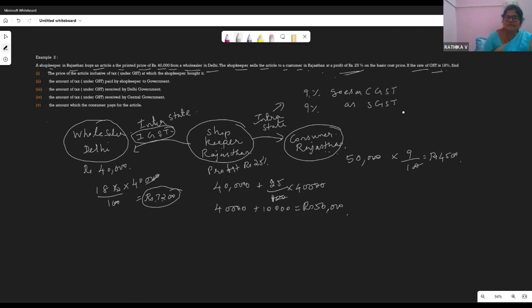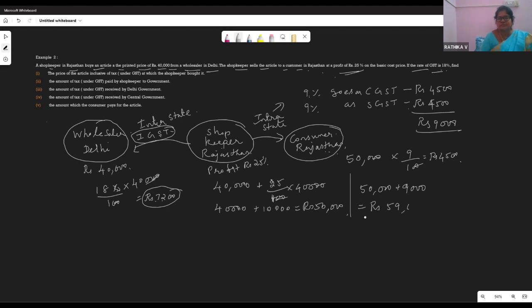So he will be paying 4,500 to the central government as CGST and another rupees 4,500 as SGST. So the consumer finally pays 50,000 plus 4,500 plus 4,500, that is 9,000 tax. So the cost price of the item paid by the consumer is rupees 59,000.